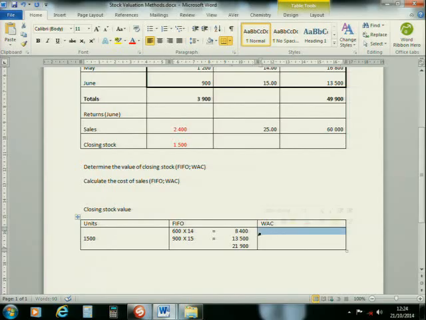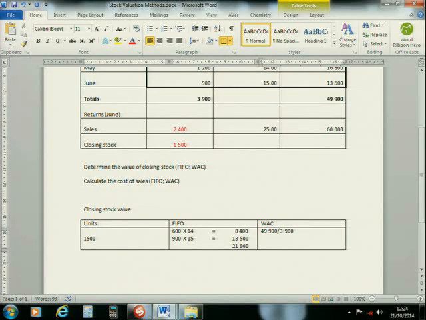And then using the weighted average cost method, you need to determine the weighted average cost per unit, which is the total value of 49,900 divided by the number of units.